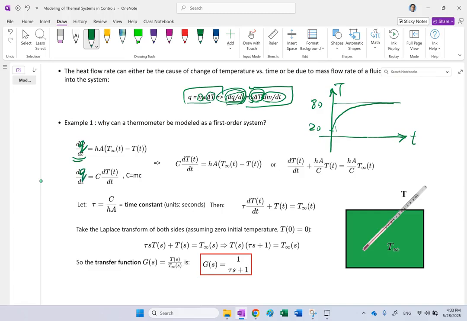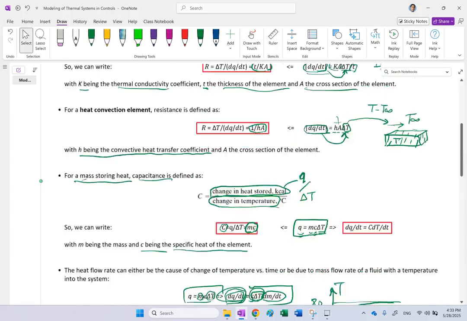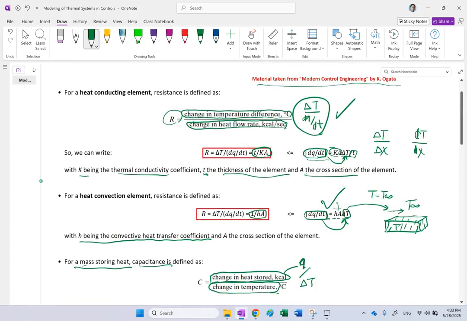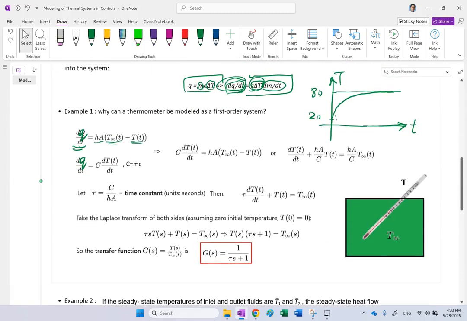So dQ over dt is going to be hA times T ambient minus T of the mercury or whatever it is inside the thermometer, right? That's the convection formula that we just had up here. So if that's the case, I write it.